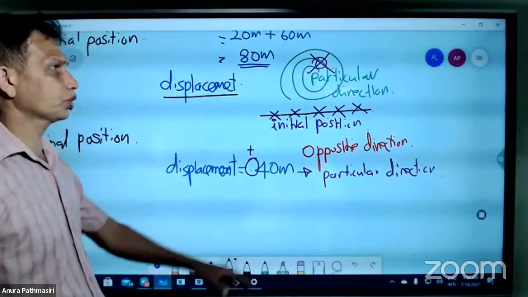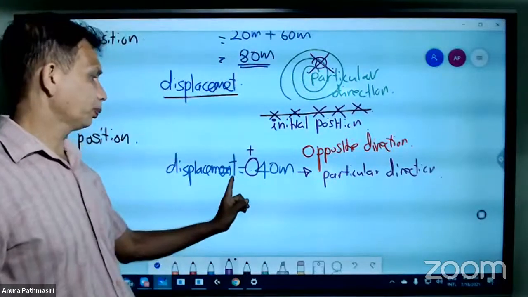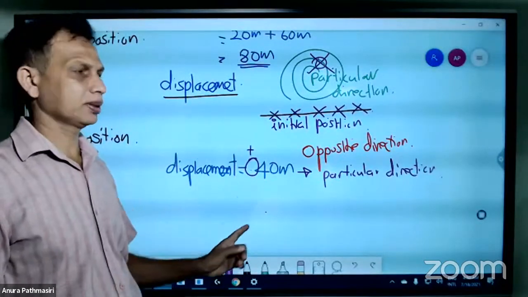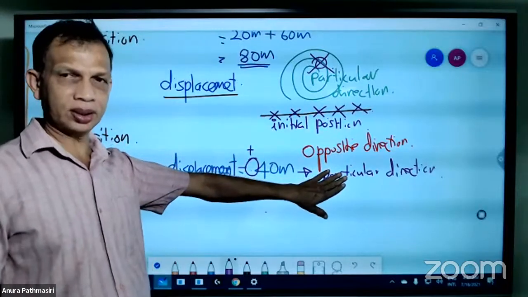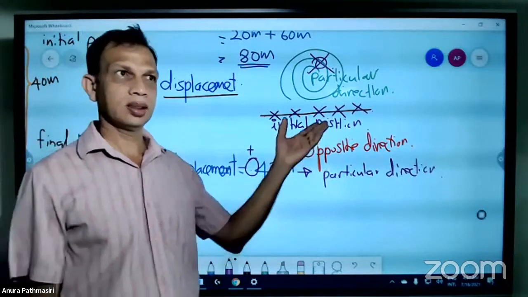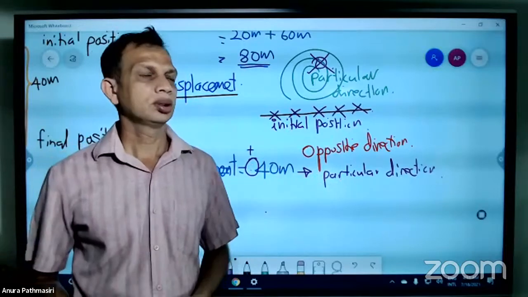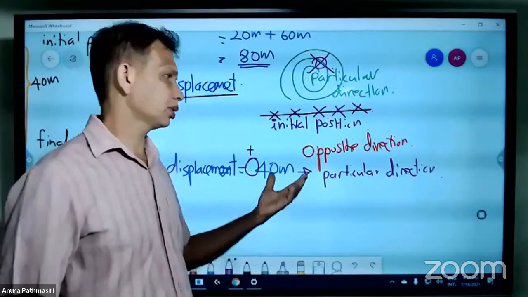As it is remaining in the opposite direction, you have to mention that.